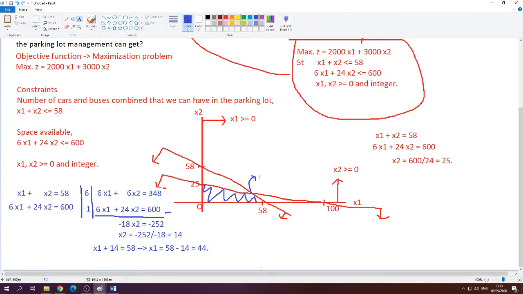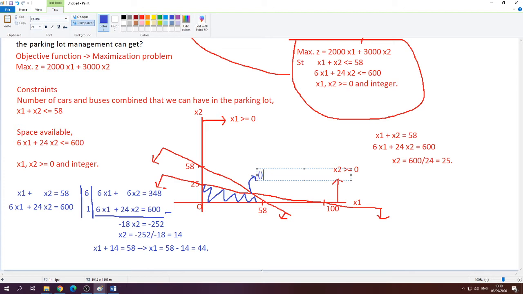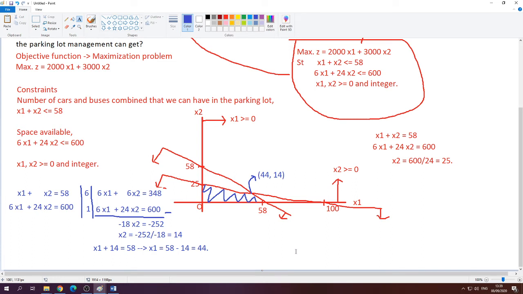So the intersection point over here is x1 equals 44, x2 equals 14. So we have all the corner points in the feasible region, and the last thing that we need to do is to test each point and find the solution. Now we test the first point.